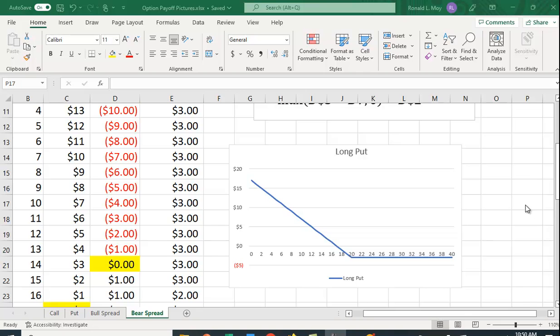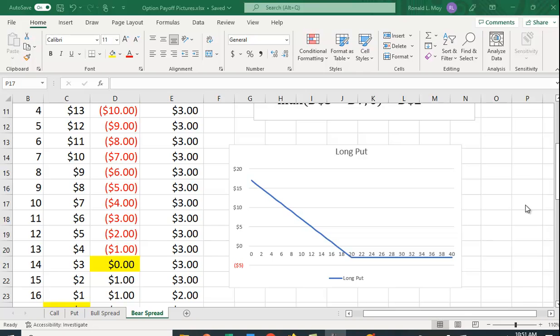So the likelihood that the stock price is going to fall from 20 to $6 a share is probably not very realistic. But it could fall from 20 to 16 or 14. Maybe you have some inkling that some bad news is coming. So you can modify this strategy by using a bear spread.